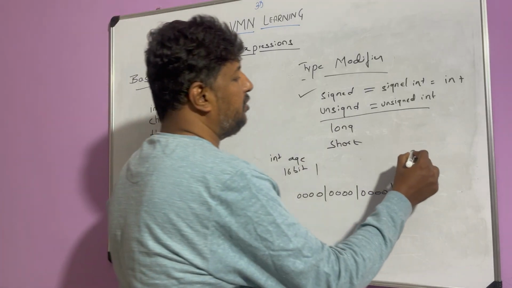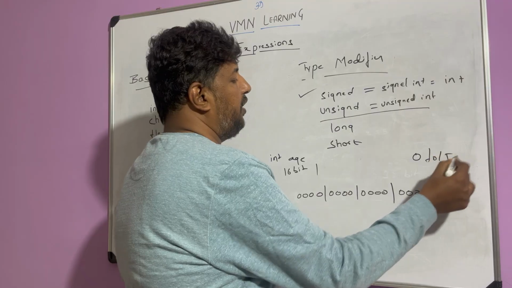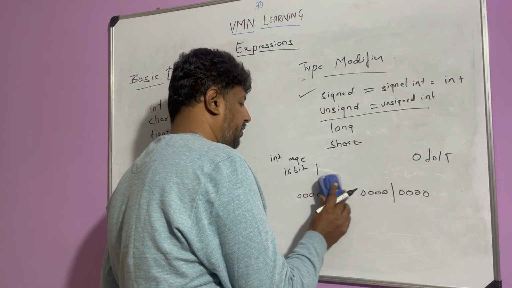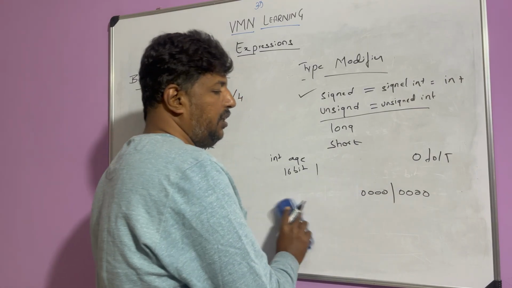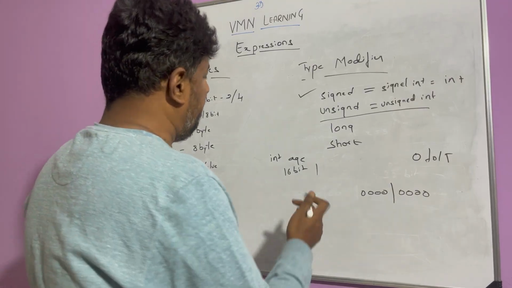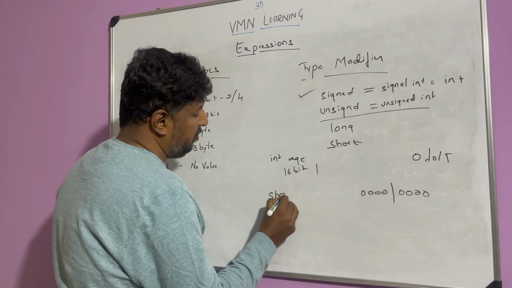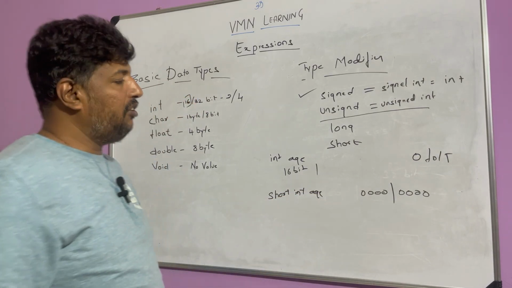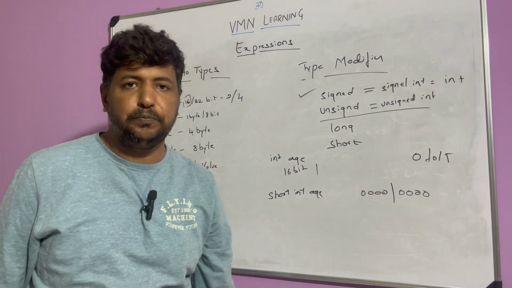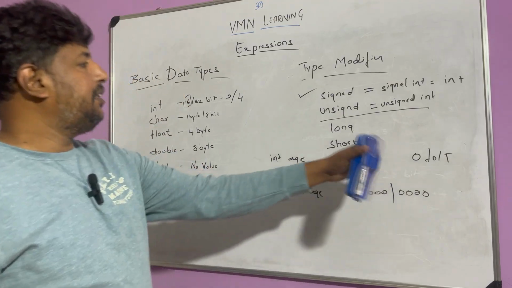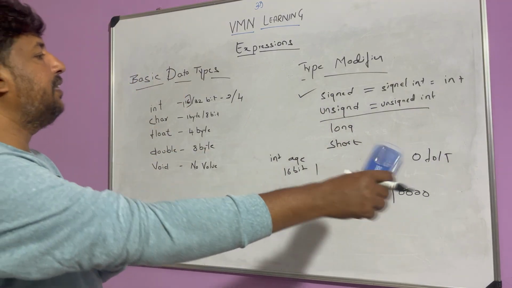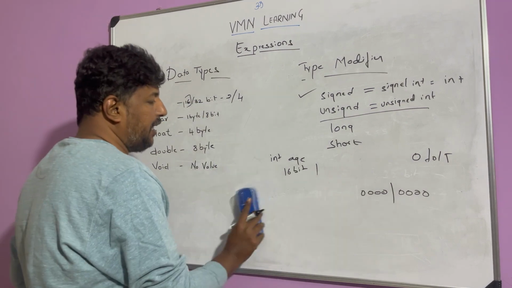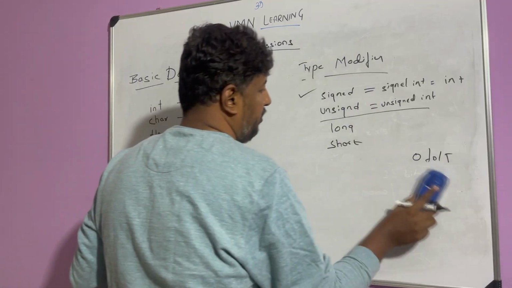But our range is between 0 and 150, which we can easily do in less. That's where we go with short int age. Instead of giving it all the memory, we are saving memory here. That's how short, signed, unsigned and long are type modifiers, and basically that's how memory management happens.